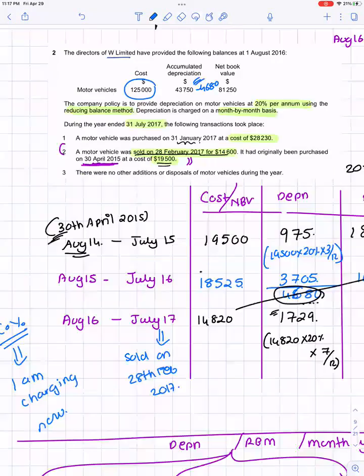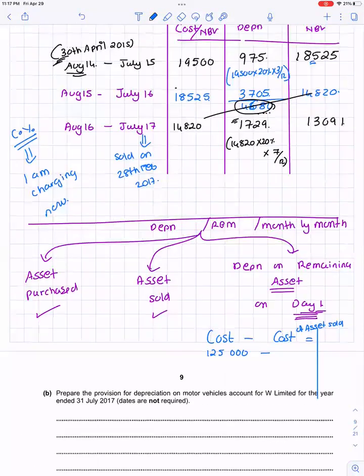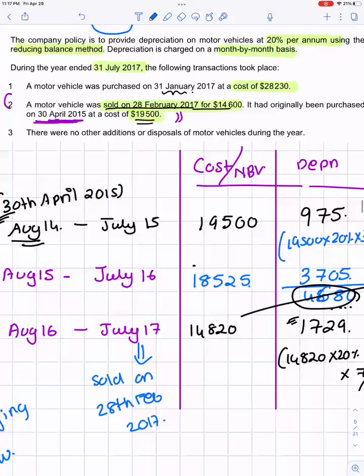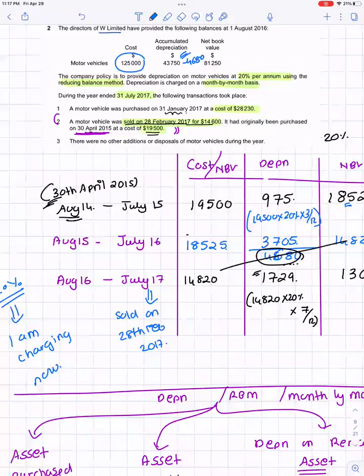Dua, are you there? Yeah, Miss. What is the cost of assets sold? 14,600 is the cost of assets sold. 19,500.